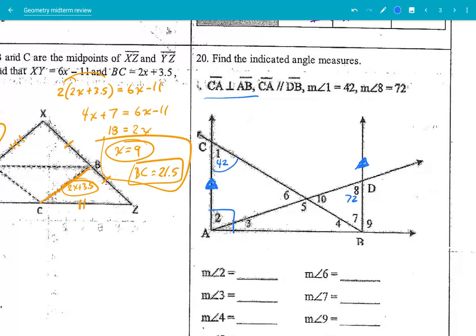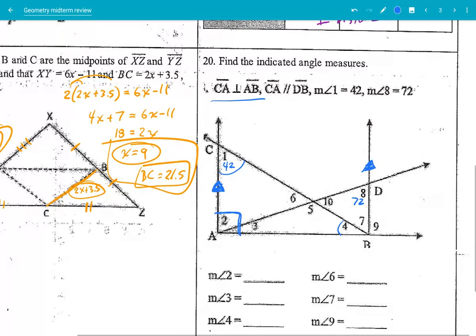All right, let's start with the easy part. Here's an angle that's 42. Here's an angle that's 90 degrees. So this angle down here, which is the third angle of this big triangle, needs to be 180 minus 90 minus 42, which is 48.